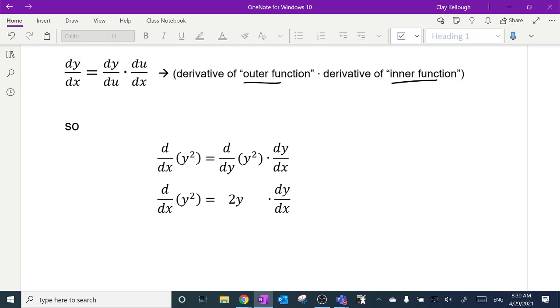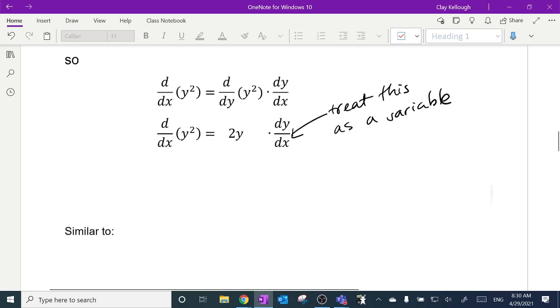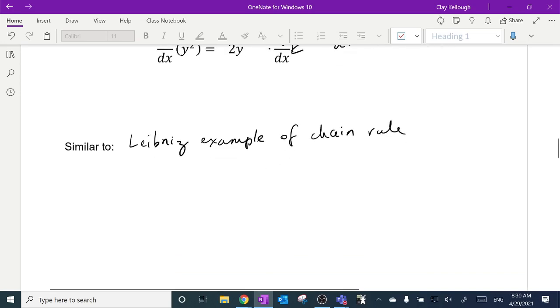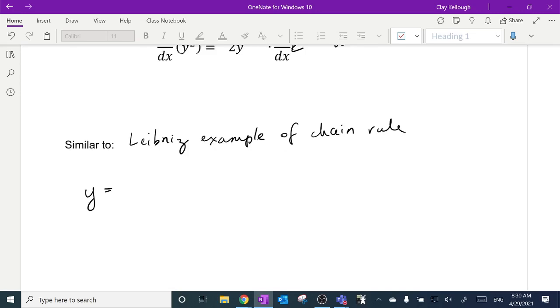And then this becomes an unknown. So again, I treat this as a variable. And again, to me, this is similar to a Leibniz example of chain rule. Like, for example, one like this. Suppose I had y equals (x squared plus 3) to the power of 6, right?